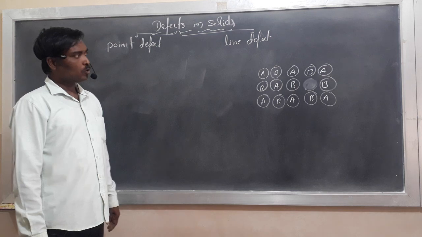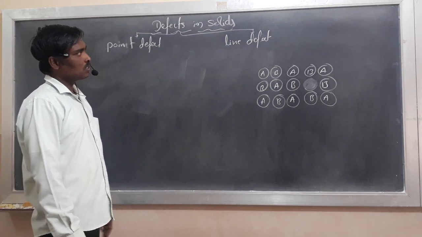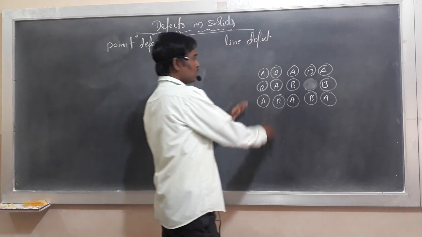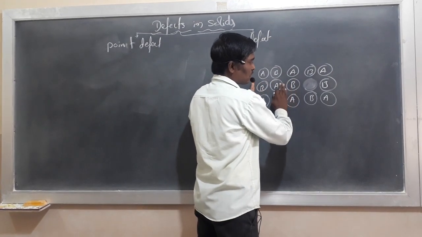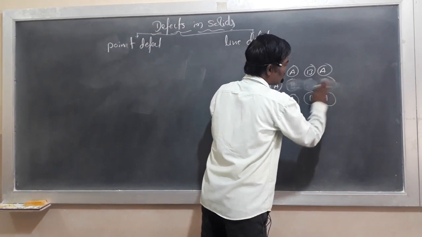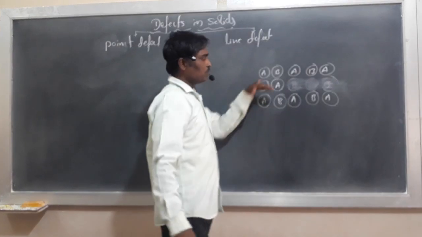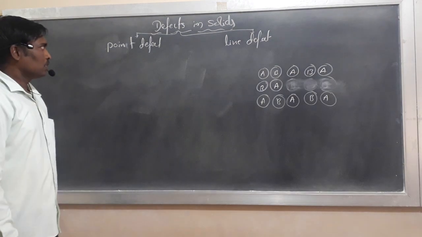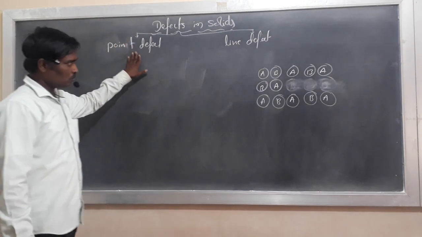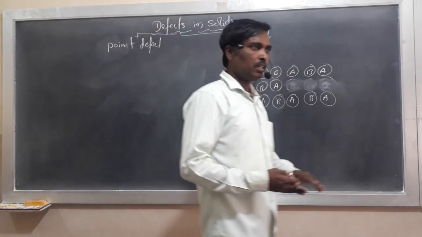If a complete row is missing, then we call it a line defect. For example, this is a long range arrangement. After a certain distance, if the complete row is missing, then we call it a line defect. There are two types, point defect and line defect.